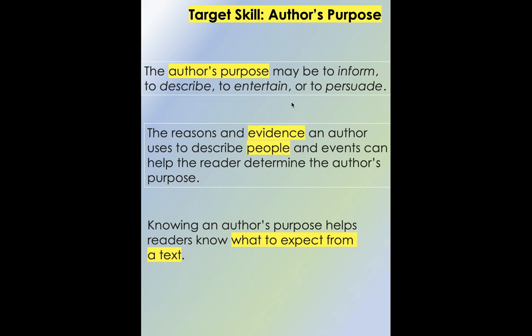So, what does that mean? Well, that means that within the story, there's different details and evidence that you start to use to conclude or generalize about what the author wants you to know. Okay, so knowing the purpose helps you know what to expect from the text.